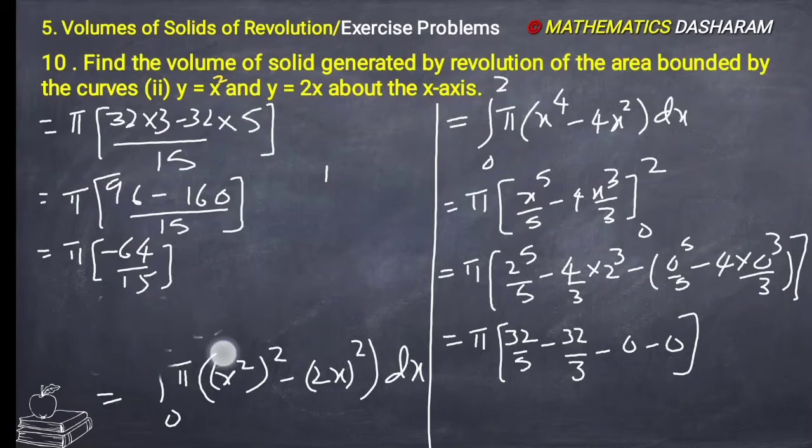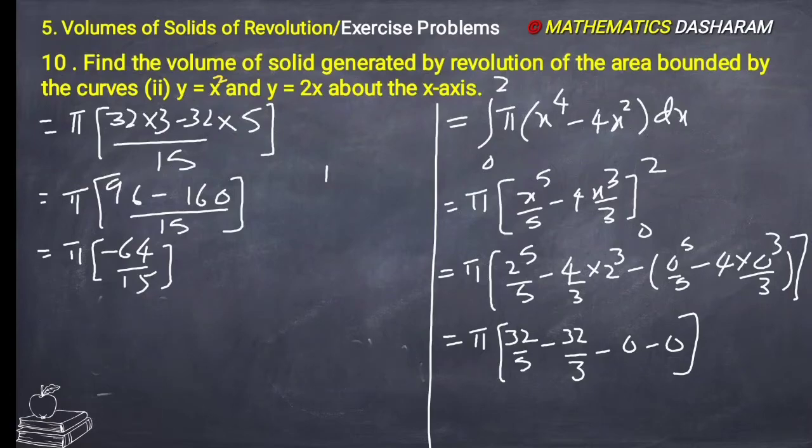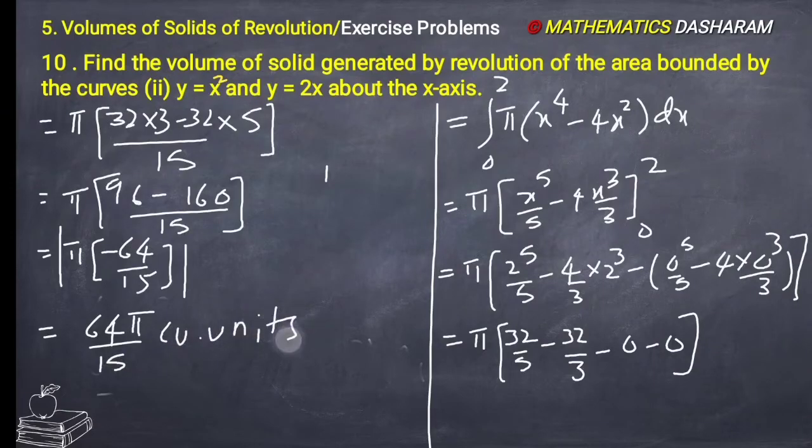But here we can apply the mod symbol, then the negative will become positive. So 64 pi by 15 cubic units is our required answer.